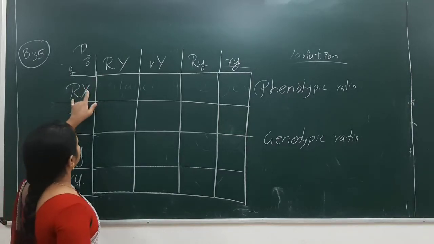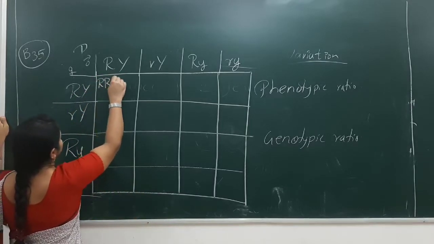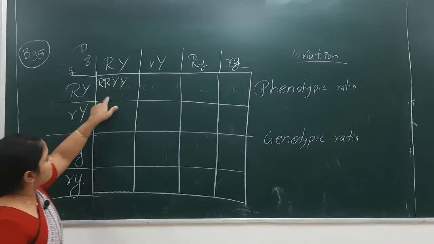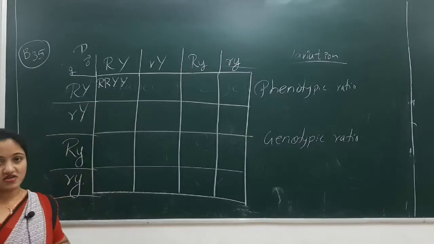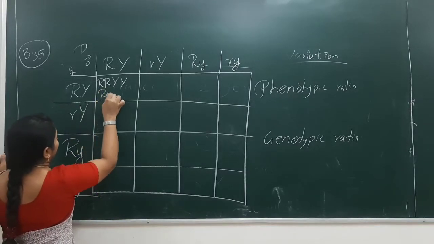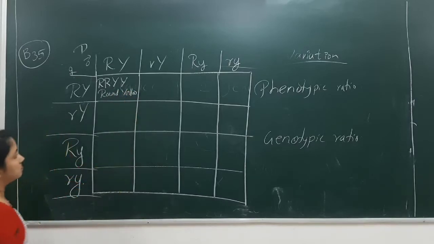Just cross this capital R and capital R, capital Y and capital Y. So, under that you have to write the phenotypic character of the offspring, round and yellow. Okay.